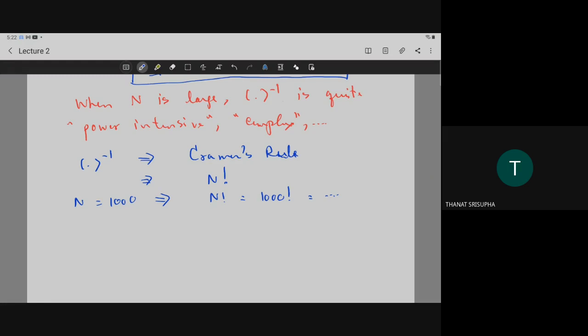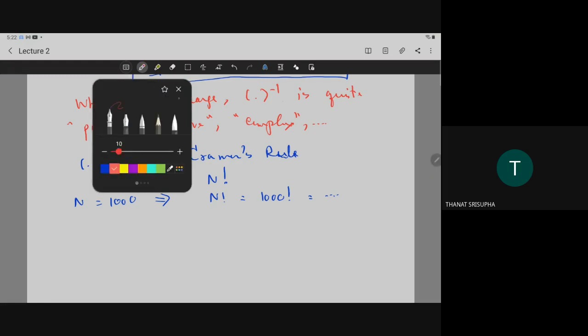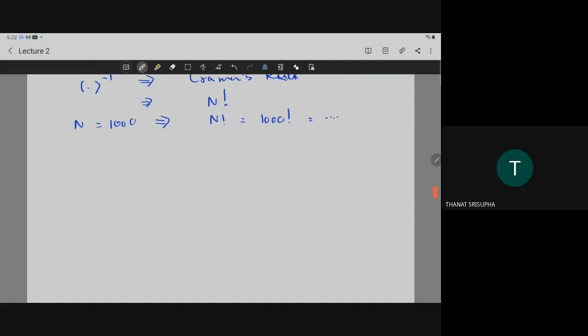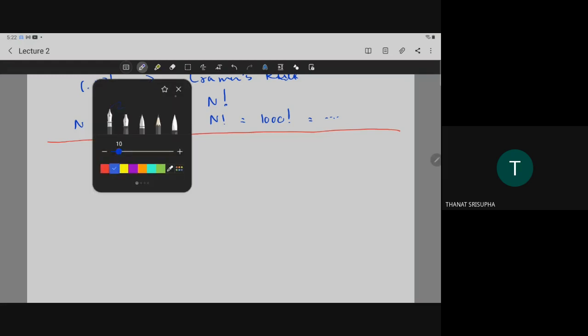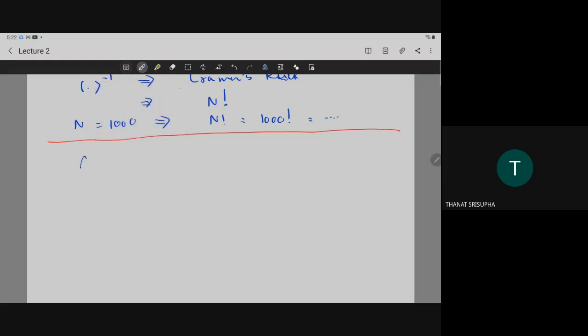Anyway, so now we will look at what is called Gaussian elimination, which is a technique that helps decompose the A matrix so that it is a bit easier to do the inverse.